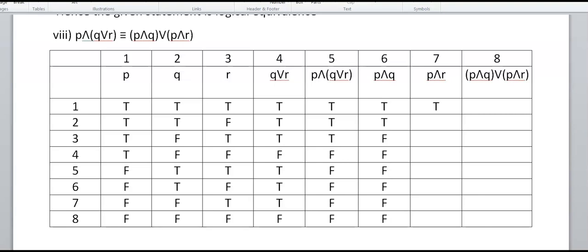For the R, it is true. Next is false. Again true.